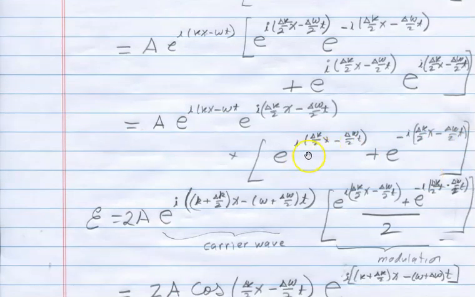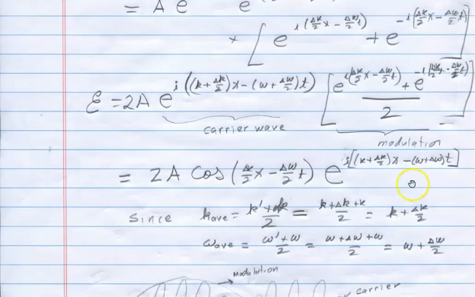And that's sort of trying to multiply and divide by 2 so that I can recognize this one here as the cosine. So I've decomposed this into two pieces. The way I look at it, this is sometimes called the modulation portion of the wave, and this one is the carrier portion.